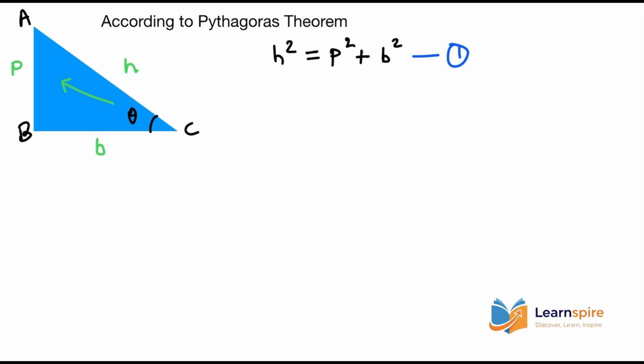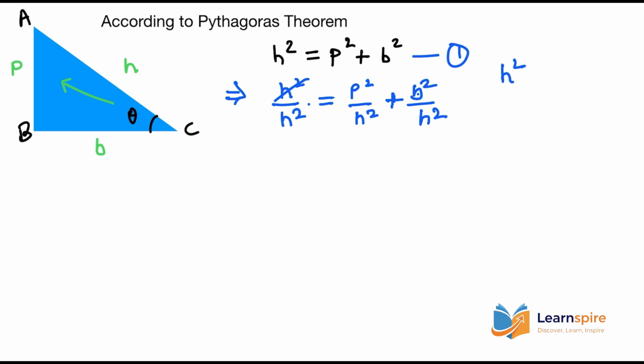So let's try to divide equation number one by h square. We get h square upon h square equals p square upon h square plus b square upon h square.